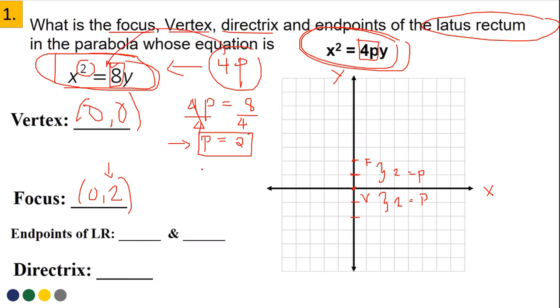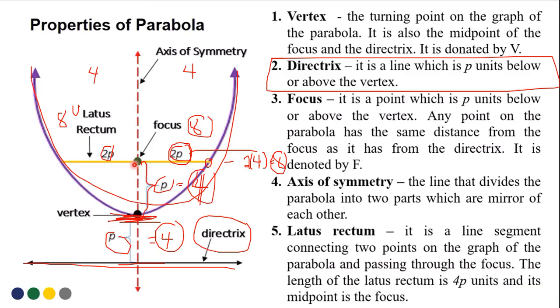So, ibig sabihin, yung 8 i-divide natin sa 2. Ano ba ang definition ng latus rectum? Di ba? Ito, 2p, kalahati niya. Yung 4p, hinati, kaya naging 2p.